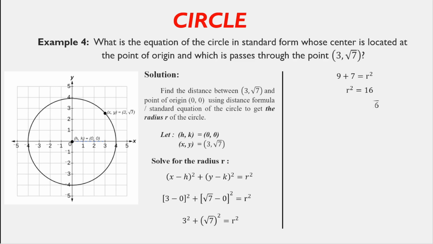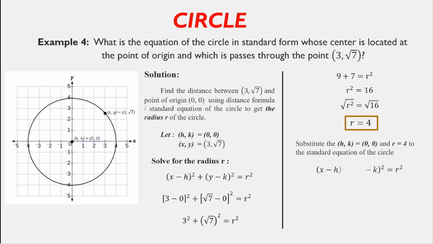Then extract the square root of both sides to remove the exponent 2 of the radius. So r is now equal to 4. So substitute the values for h, k, which are 0 and 0, and r, which is equal to 4, to the standard equation of the circle. So x minus h squared plus y minus k squared is equal to r squared.